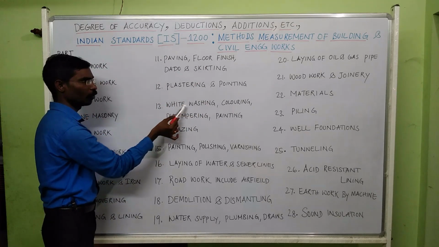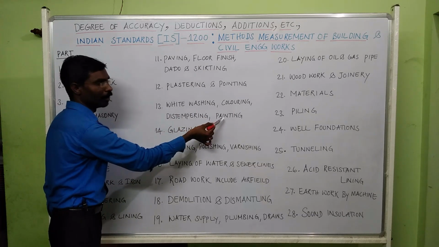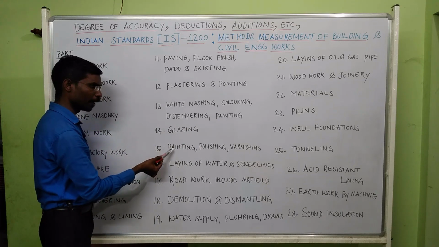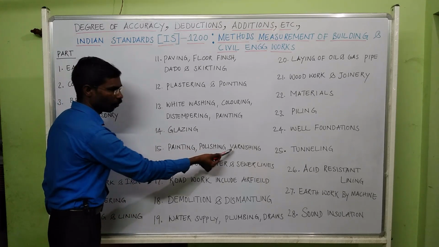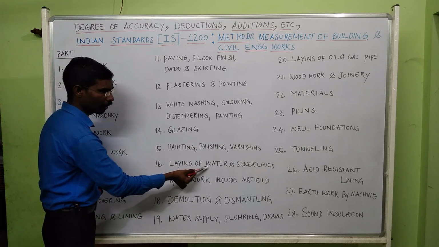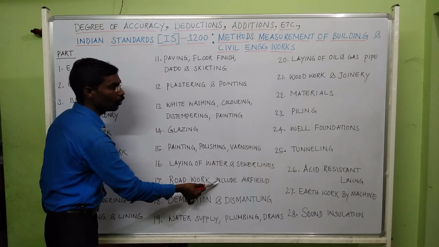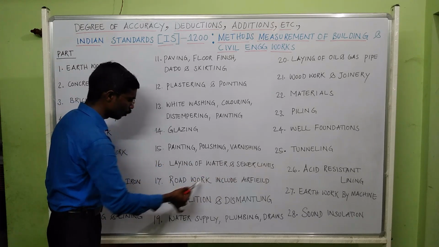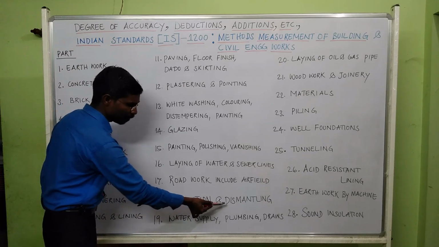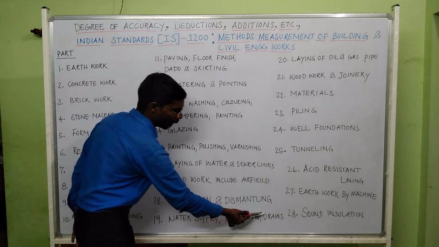Part 13 whitewashing, color washing, distempering, painting for building works. 14 glazing. 15 painting, polishing and varnishing, etc. 16 laying of water and sewer lines. 17 road work including airfield road work also. 18 demolition and dismantling. Part 19 water supply, plumbing and drains.